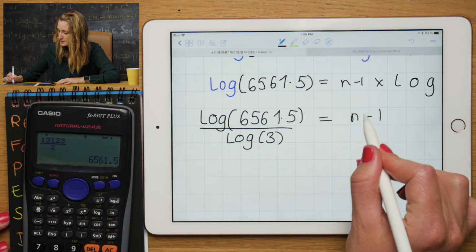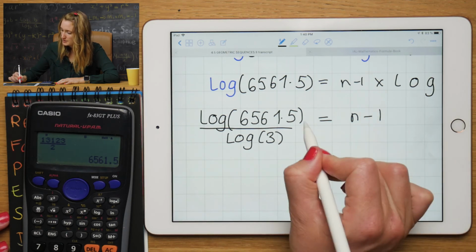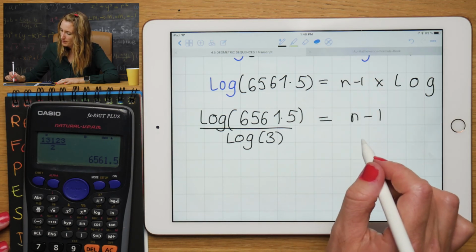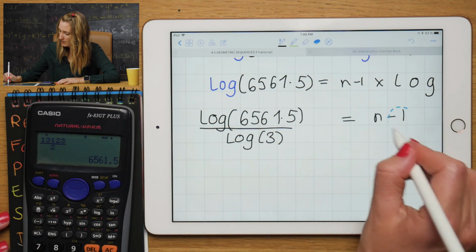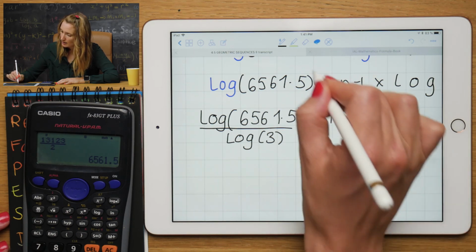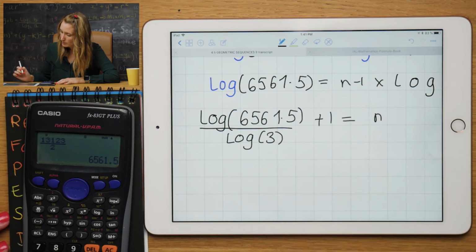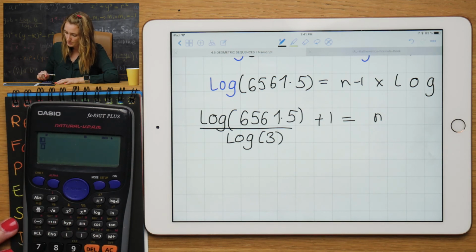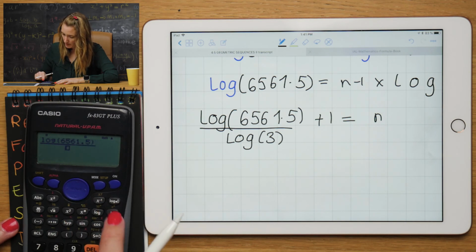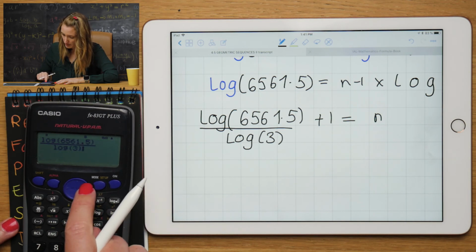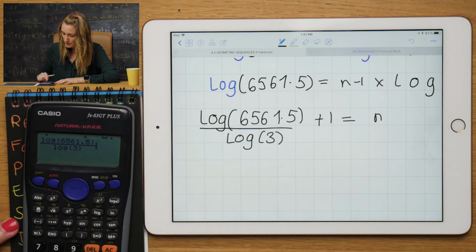And the last thing I'm going to do is move the minus 1 to the other side, and it's going to become plus 1. I'm going to type all of this into my calculator now. Log 6561.5 divided by log 3. And the plus 1 doesn't go in the fraction, it's separate, it's on its own.